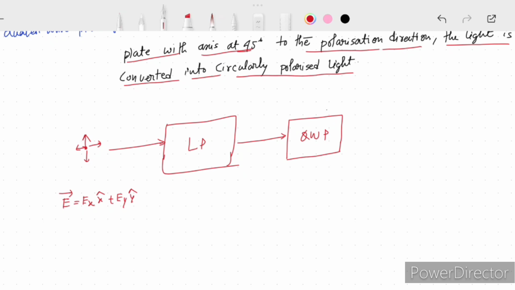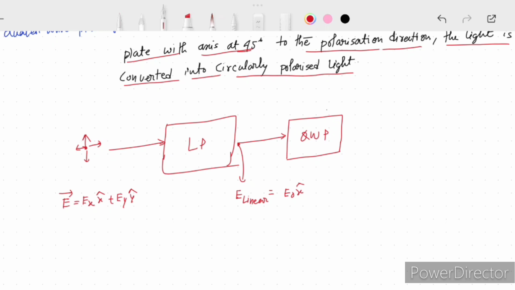When it passes through the linear polarizer, we get linearly polarized light, which is nothing but E0 x cap. The light is polarized along a particular direction.